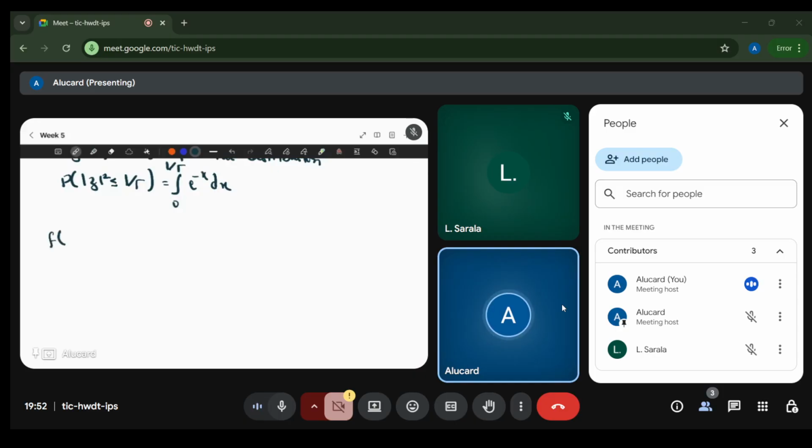Well, the approximation is f of x approximately f of 0 plus f prime of 0 times x when x is approximately equal to 0. You can use that.